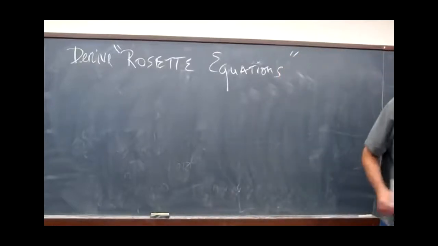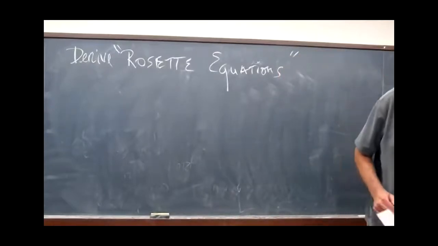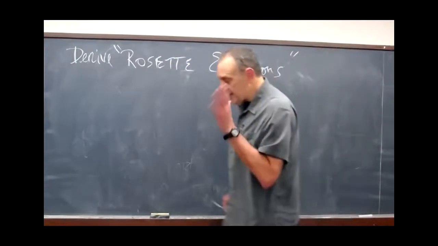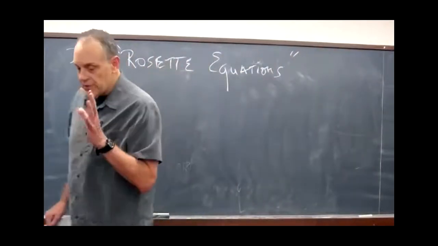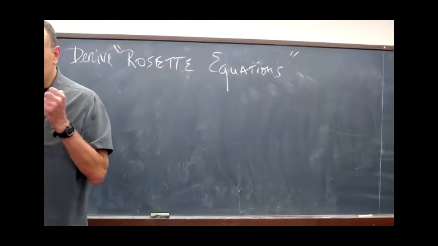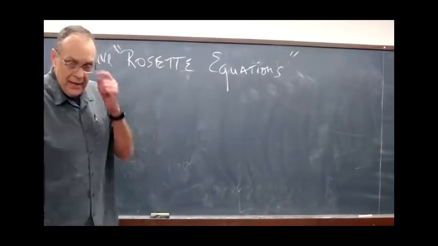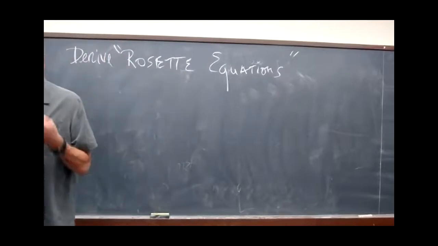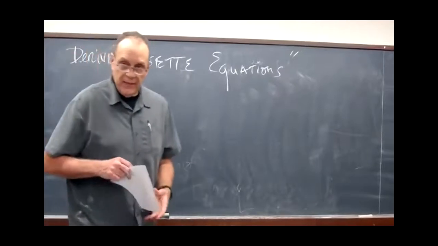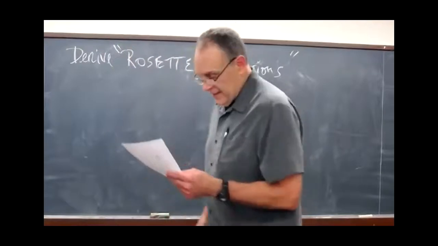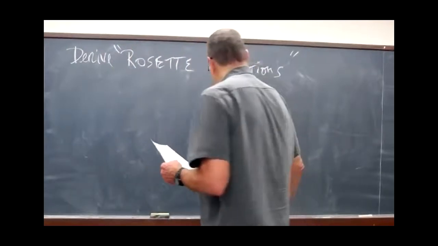And all that means is the set of equations that take the lattice strains that we measure for the crystal and determine the crystal strain tensor. I don't want to get ahead of ourselves, but you'll hear the term Rosette equations when we're talking about diffraction. We're going to do this two ways.